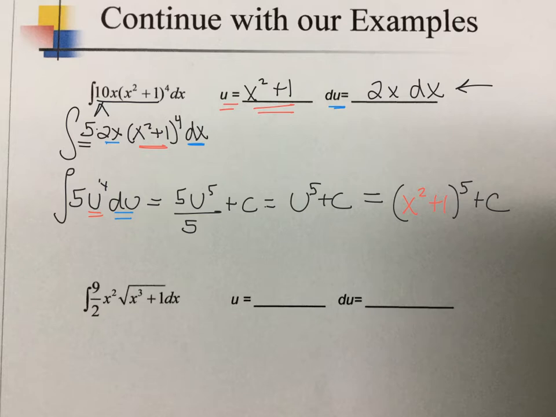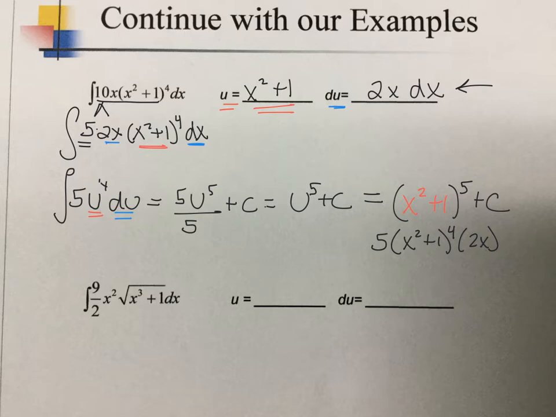The great thing about these, just like when we learned integrals before, is I can take my derivative and see if I end up back at my original function in the integrand. So if I take the derivative of this, the 5 would go in front using the chain rule. I promise I won't sing the song again. Maybe. X squared plus 1 to the 4th power, times the derivative of the inside, which is 2x.